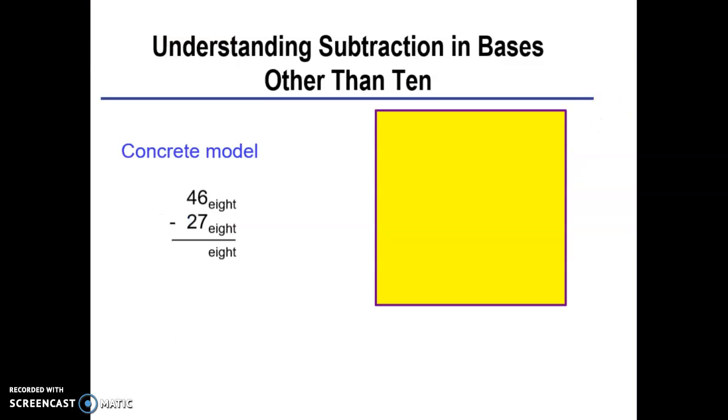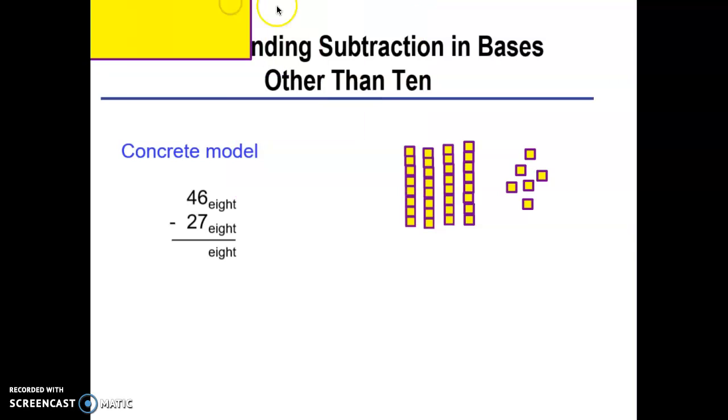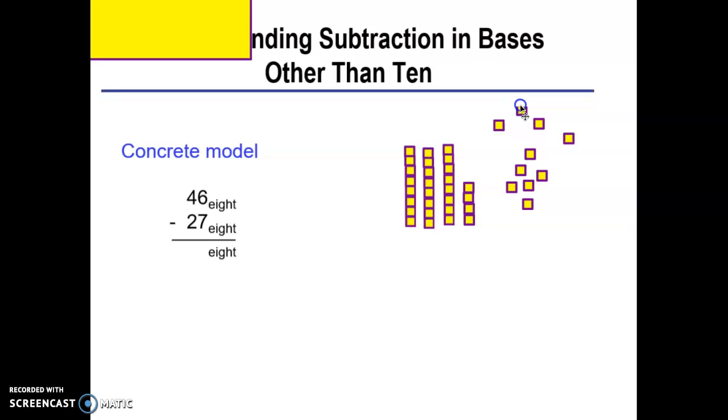All right, let's try this one. We're going to start off the same way, 46 base 8. So how many tinies should be in a long? Right, I should have 8. So you can see here I've got 46 in base 8, and I want to remove 27. Well, I don't have enough tinies here, so let's regroup from this one. 1, 2, 3, 4, oops, that one disappeared. 4, 5, 6, 7, 8.